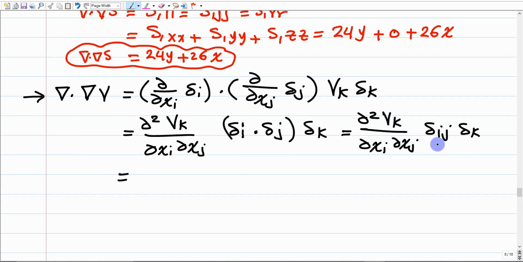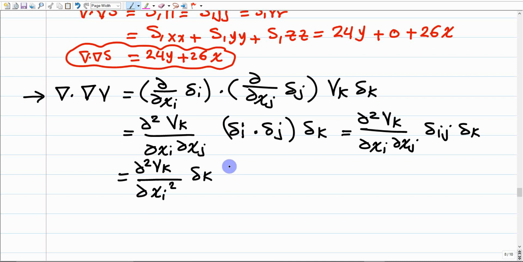We have to use the same index for both i and j, right? So let us use i, for example, for both indices. So we're going to have the second derivative of v_k with respect to x_i squared. I'm using j as i. Now we can get rid of the delta ij, so we just carry on with the delta k. So the Laplacian of a vector gives another vector.